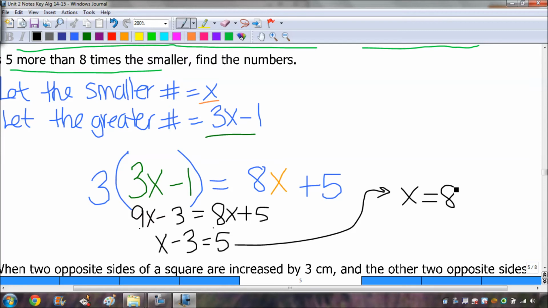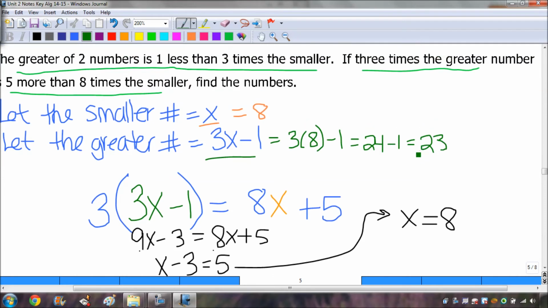So now I know that the smaller number is going to be 8, and that the larger number is going to be 3 times 8 minus 1. So I end up getting 24 minus 1, which is 23. All right, so that means that my two numbers are going to be 8 and 23. Those are my two answers.